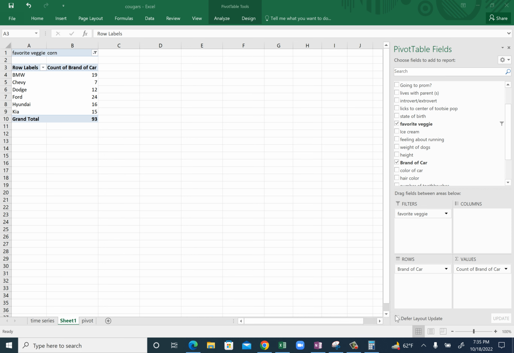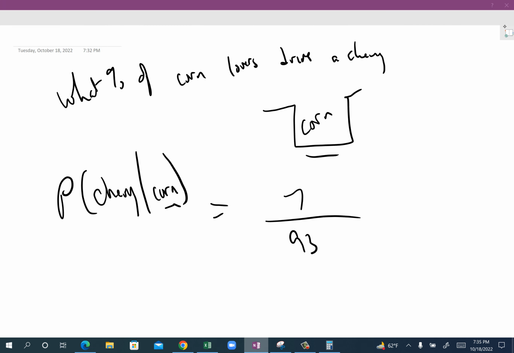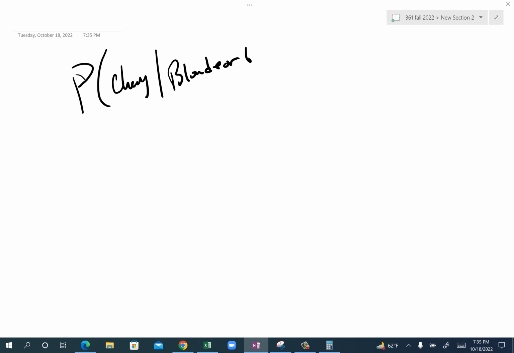So let's try another one of these. They're kind of fun, I think. What's the probability that a person drives a Chevy given that they are blonde or redheads? Nice. Again, this had to happen first.